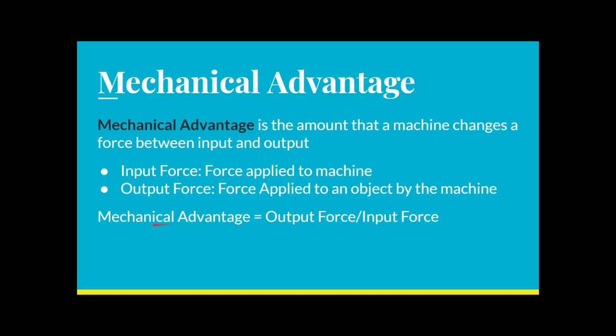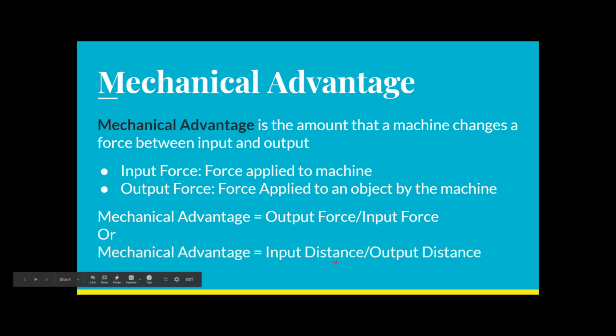And we would say that that machine has a mechanical advantage of 2. And another way of looking at that is that if the mechanical advantage is 2, the machine is doubling your forces.